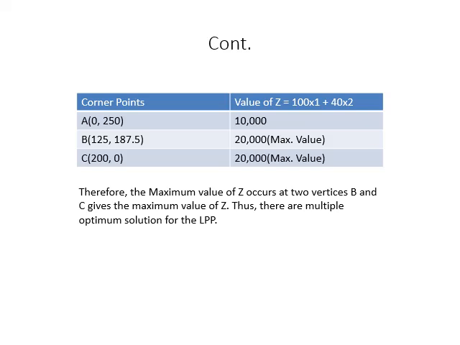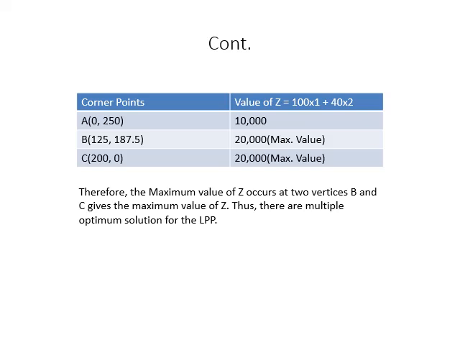Z at the point A equals 100 times 0 plus 40 times 250, which equals 10,000. At B, Z equals 100 times 125 plus 40 times 187.5, which equals 20,000.